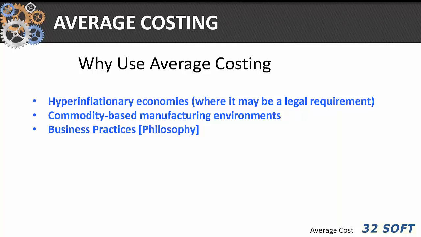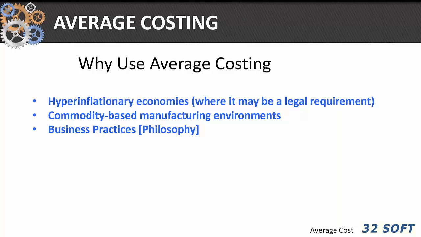There is also average costing, which is available. I know a number of companies that use average costing as opposed to standard costing. If you're in a hyperinflationary type of environment where you're based on commodity prices, and commodity prices can change wildly, take example, sugar.